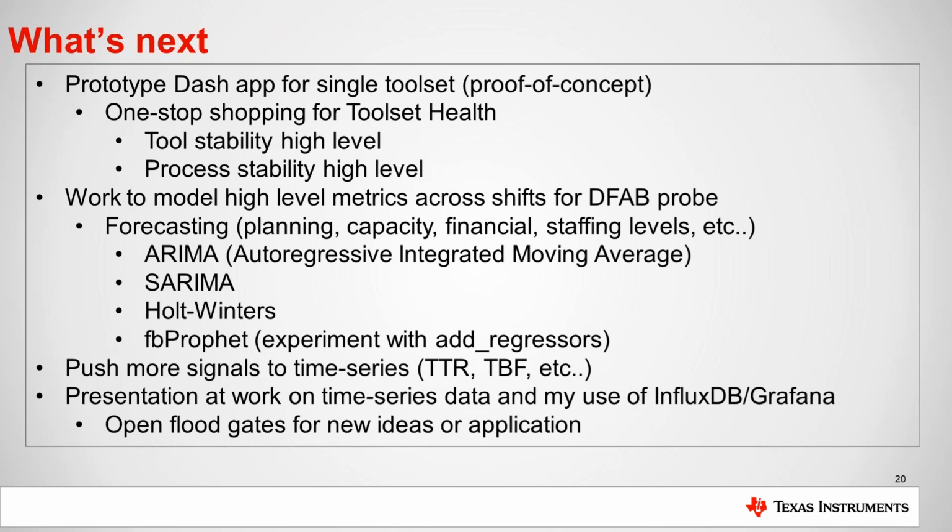It's lacking some capabilities. We can't group by certain tool sets, or I can look at one trace and see how I've been doing historically, but I can't bring in everything else to see how that stacks up with the rest of my tools. Where's, what's really affecting my metrics?